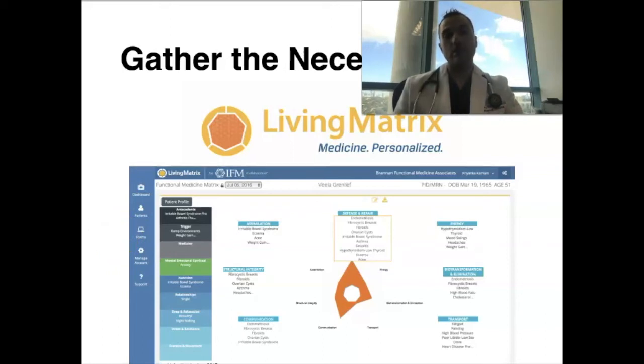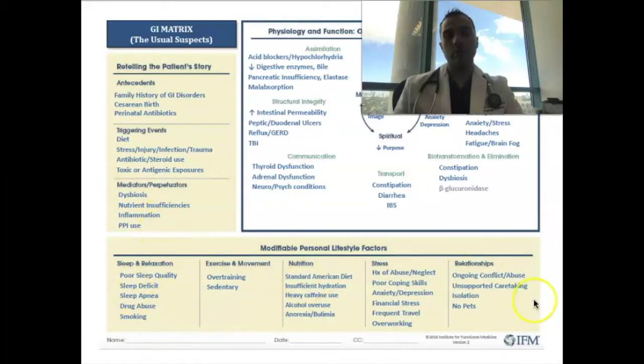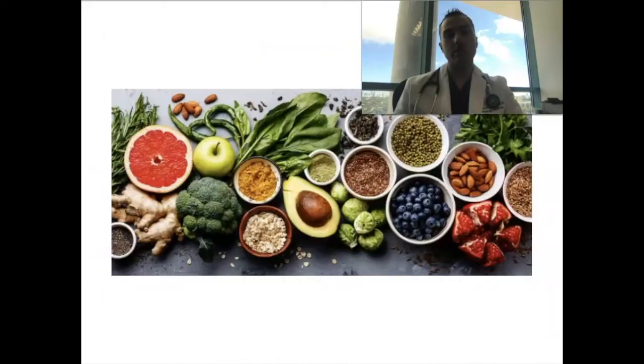And so, when we think about what a functional medicine plan looks like, if you can remember, these modifiable risk factors: nutrition, stress, relationships, exercise, movement, sleep, etc. We use a combination of food as medicine. We wholeheartedly believe that here at Integra, and we use food as medicine as a first line therapy.